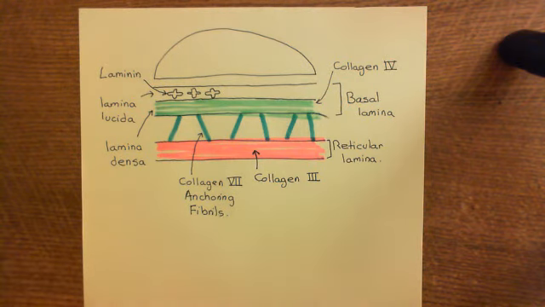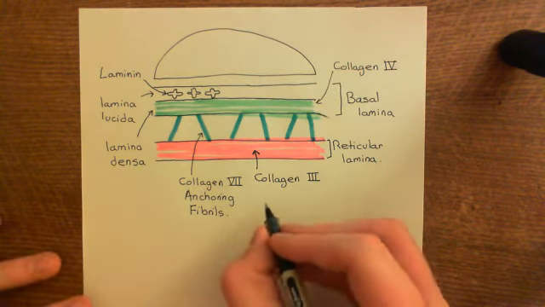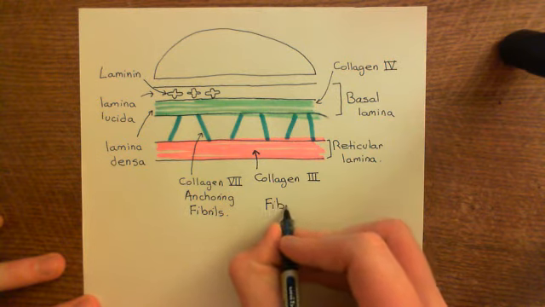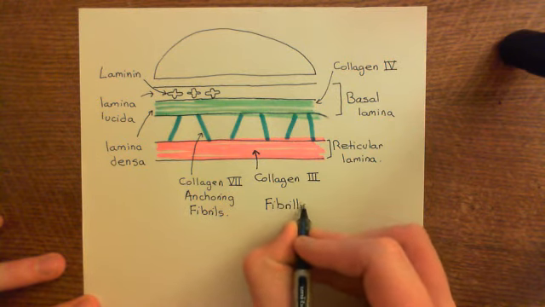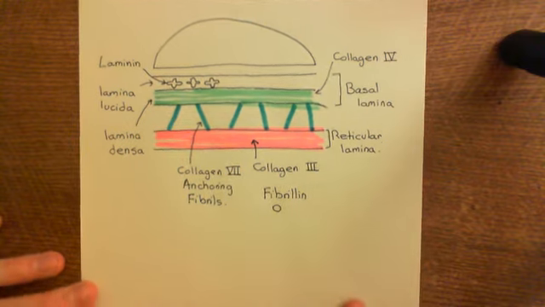Now you also have something else that connects these two layers, and these are fibrillin microfibrils. Let me discuss this in a bit more detail. The protein fibrillin is not a great big strand. Instead, it's a tiny little globular protein like this.